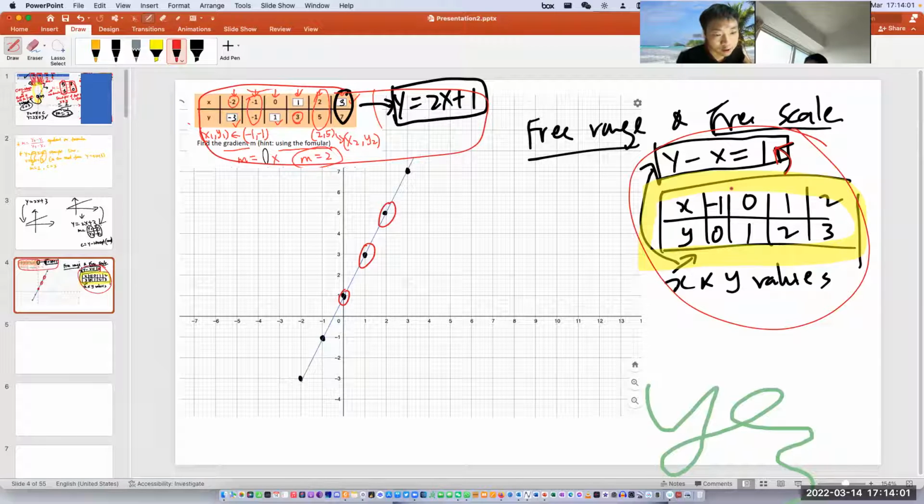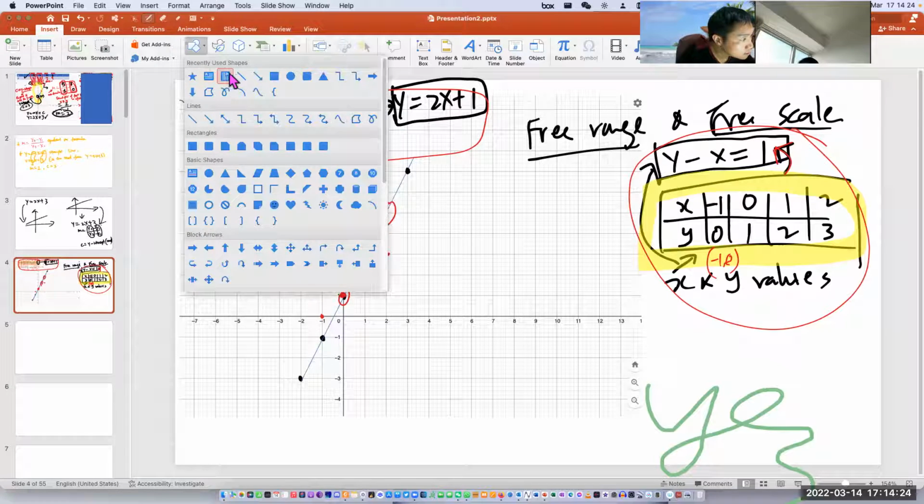Now I can actually sketch this out. -1 and 0. This is -1 and 0, right? -1 and 0 is here. 0 and 1, 0 and 1. Oh, same point. 1 and 2, 1 and 2 is here. 2 and 3, 2 and 3 is here. All the red one. So just link them up.